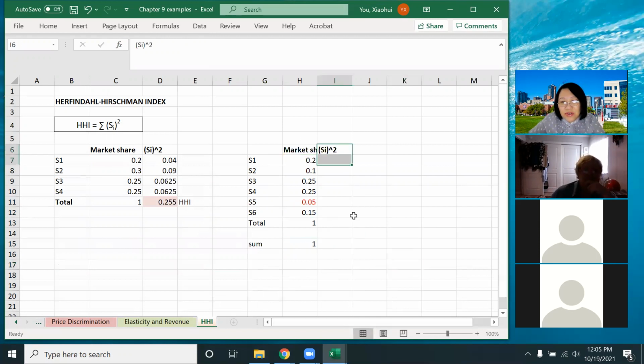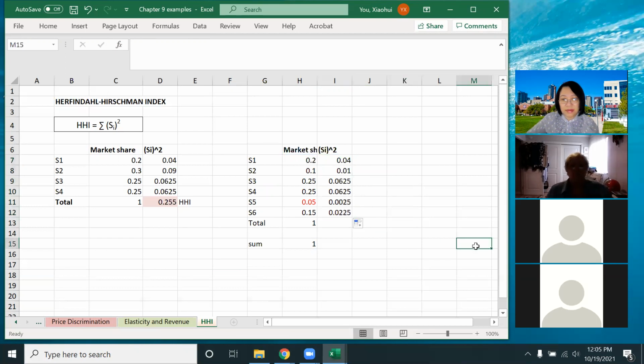And then to do the Si squared, we just do this way. Equal to this one, take the square, enter, and then choose this cell, move the cursor here and drag it here. And then for HHI, how to calculate?